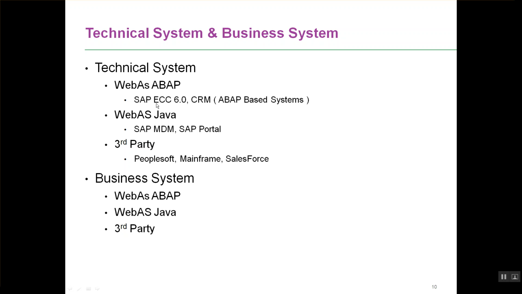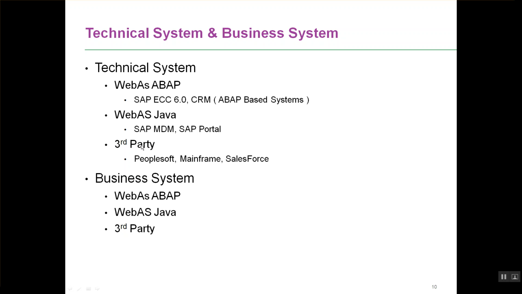So what is a web-based ABAP system, right? An SAP ECC 6.0 server, which runs on a Web Application Server ABAP, or which is an ABAP-based system from SAP, is called a web-based ABAP technical system. A Master Data Management system, an MDM system, your Enterprise Portal, your Java portals that are there from SAP, are nothing but a web-based Java system.